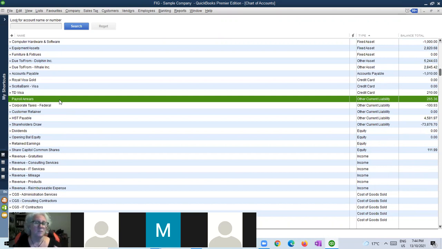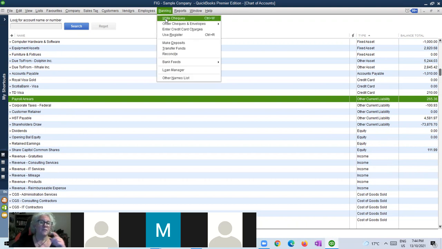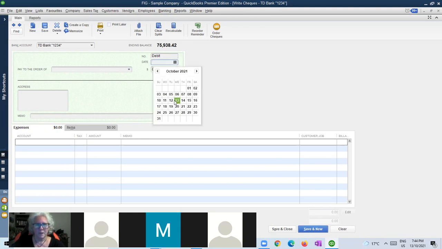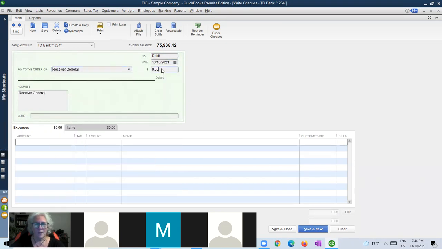And then I just keep moving it until the business owner says make an installment. This is where I would come to write checks. What's the date I'm going to make the installment? I'm going to send it to whatever today's date is. I'm going to send it to, I'll call it Receiver General. And maybe they're going to make a $10,000 payment.